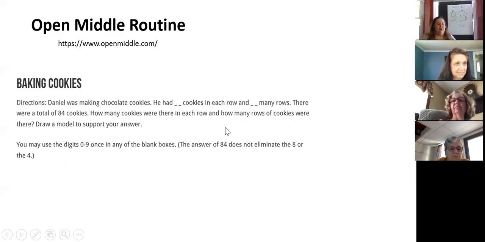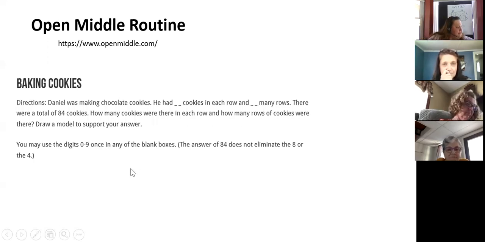So students are using the digits 0 through 9. They can only use them once in this problem. I'm looking for how many rows and how many cookies in each row to make a total of 84. On the Open Middle website, there are little tiny cards that you can cut out, because this can be printed.